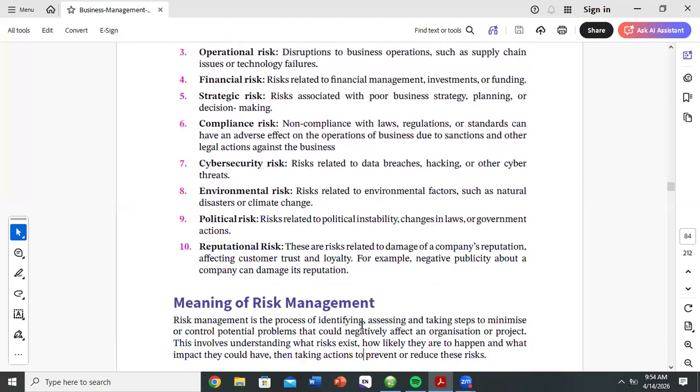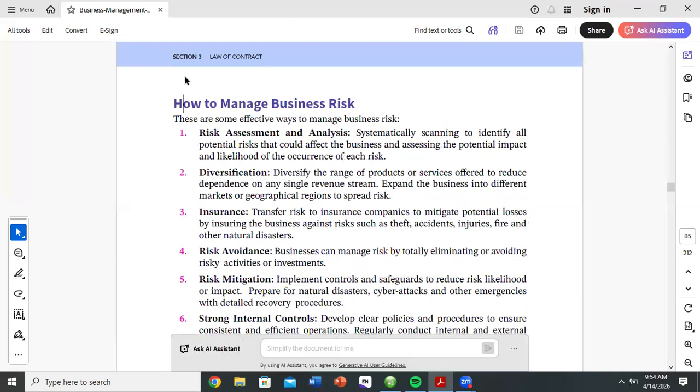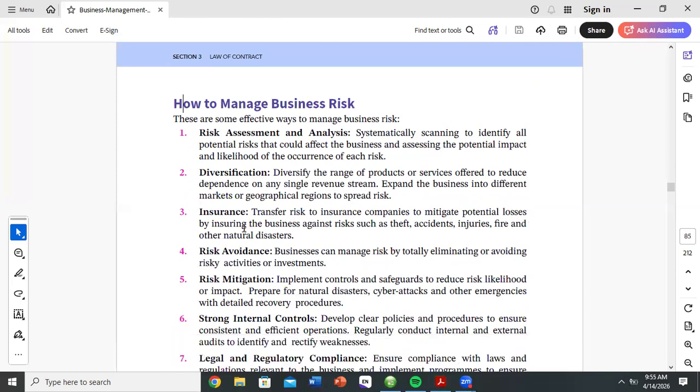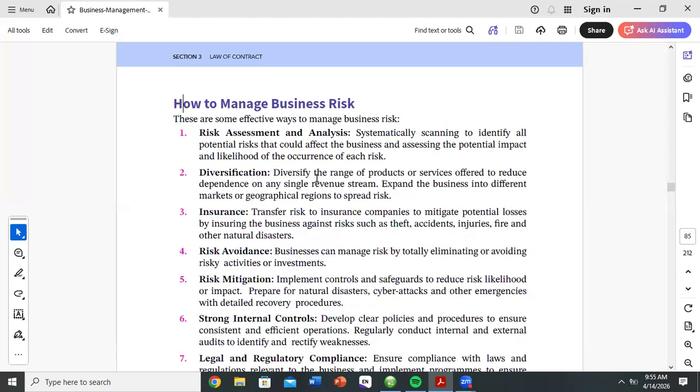Then we appreciated how to manage risk. I spoke in detail about diversification, risk avoidance, risk mitigation, and then insurance. Of course, insurance was the one that we explored further. Diversification means you look into a range of products or services to reduce dependence on a single revenue stream.